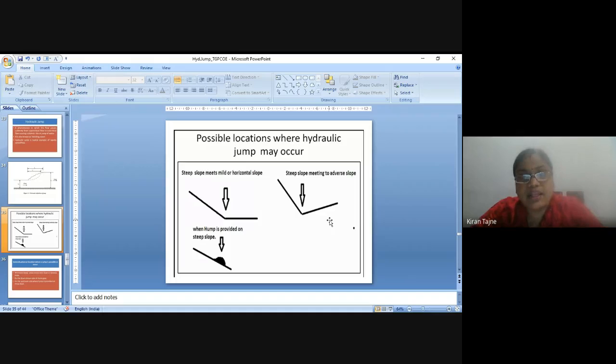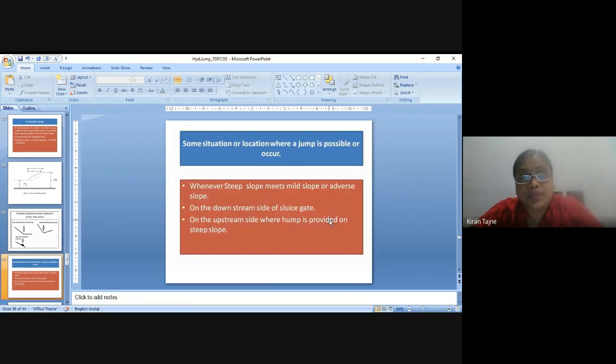So these are three cases where the hydraulic jump may occur. Whenever a steep slope meets a mild slope or adverse slope, this may be the first location. Then on the downstream side of the sluice gate, and on the upstream side where a hump is provided on the steep slope. So these are some locations where a jump is possible to occur.